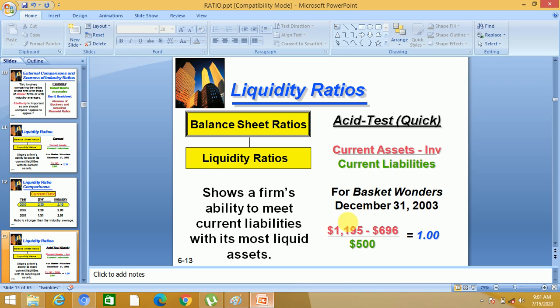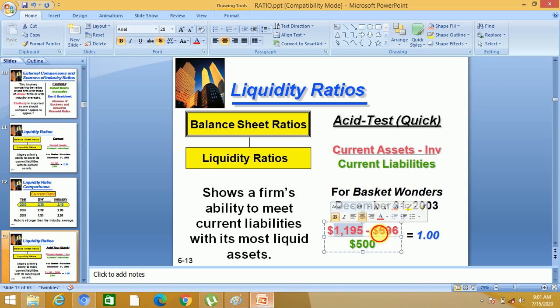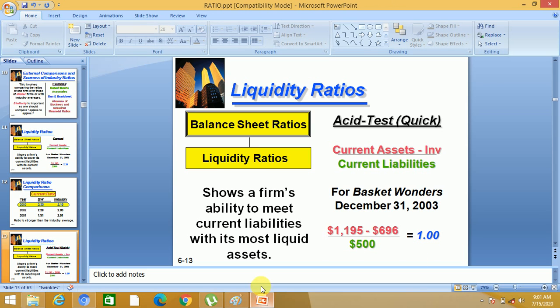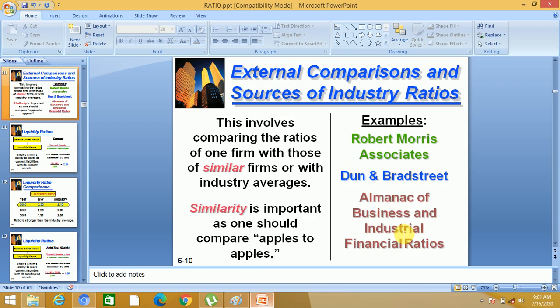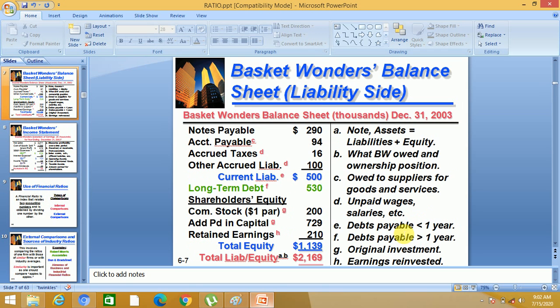So now see the formula: current assets minus inventory divided by current liabilities. Our current assets are 1195, from the previous class, minus inventory, which is 696, and current liabilities are 500. From where did you get this 696? Look at the balance sheet.